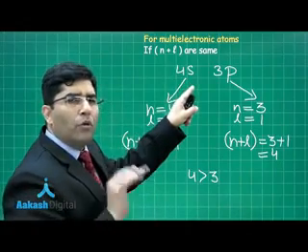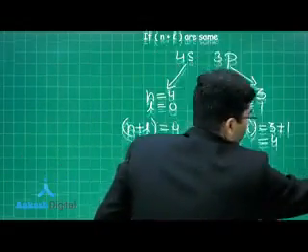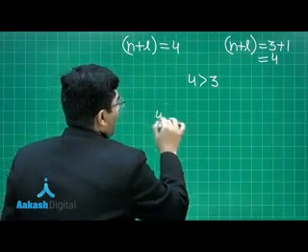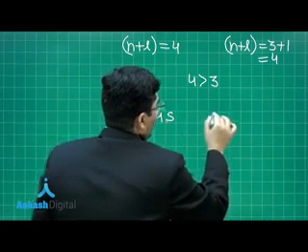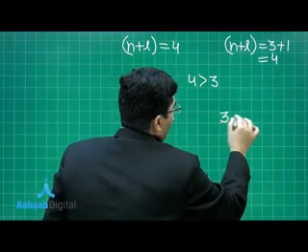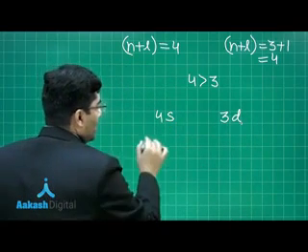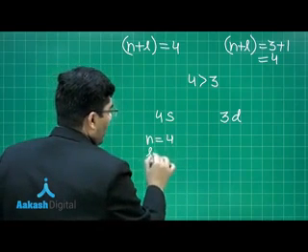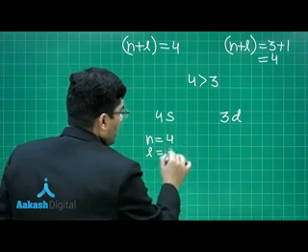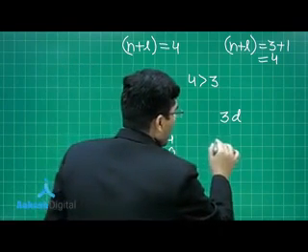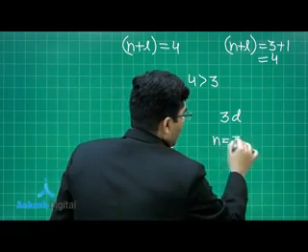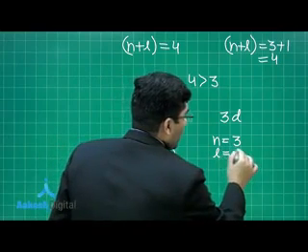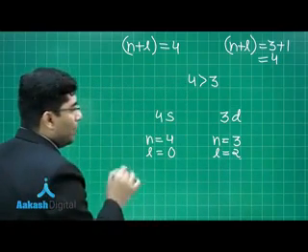Now let's talk about 4s and 3d. If we take that example, 4s and 3d, in this case for 4s, n is equal to 4 and l is equal to 0. For 3d, n is equal to 3, the principal quantum number, and l is equal to 2. So what is n plus l for this?